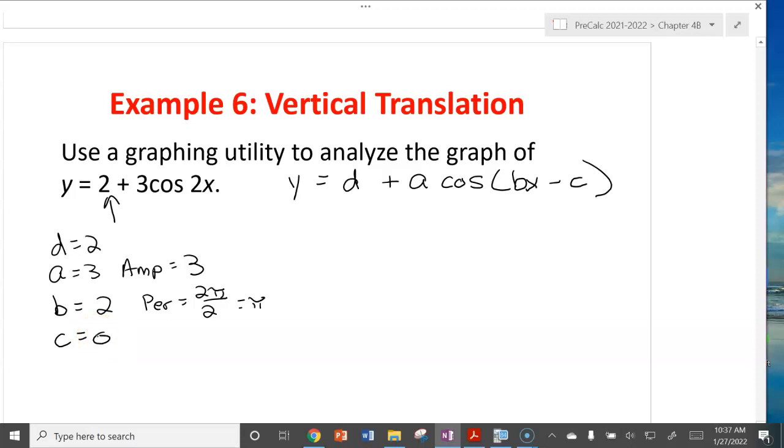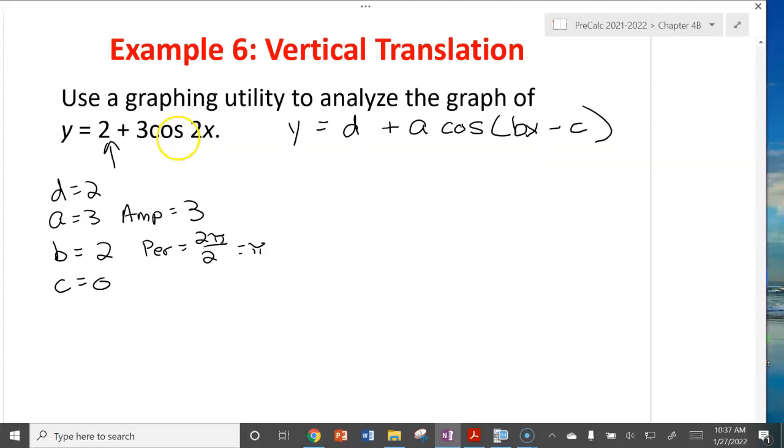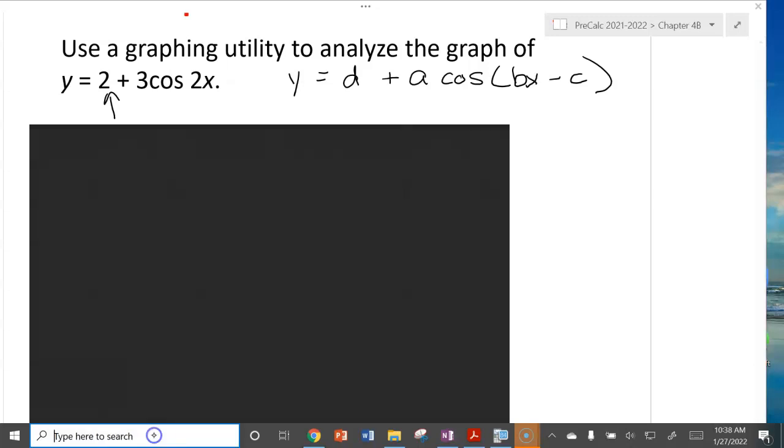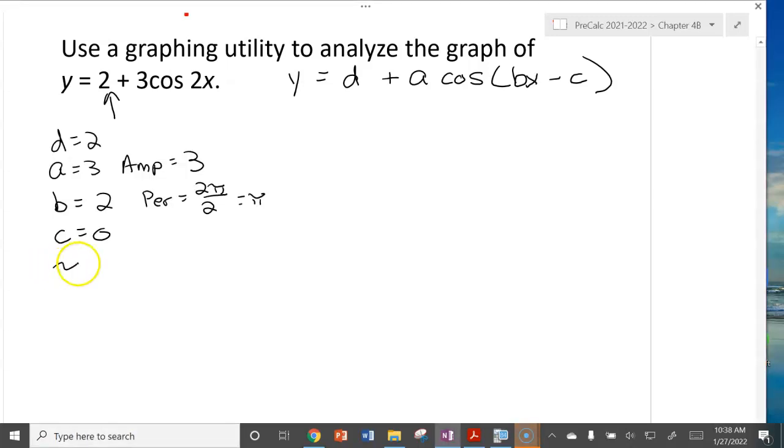So because we're not bothering with a phase shift, I don't have to figure out where my left point starts. I can just use 0. Next thing, remember that we need to divide our period by 4. So pi over 4.